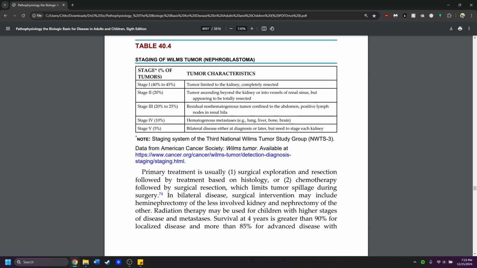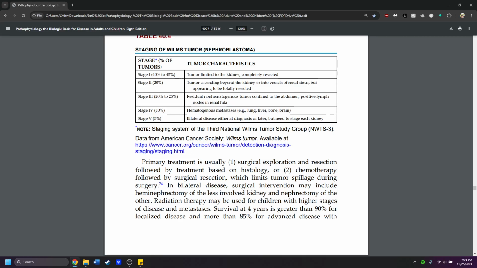So, the stages of tumor. Stage 1, 40 to 45%. The tumor is limited to just the kidneys, and can be completely resected at that point. Stage 2, the tumor extends beyond the kidneys or into the vessels of the renal sinus, but appears to be totally resected.